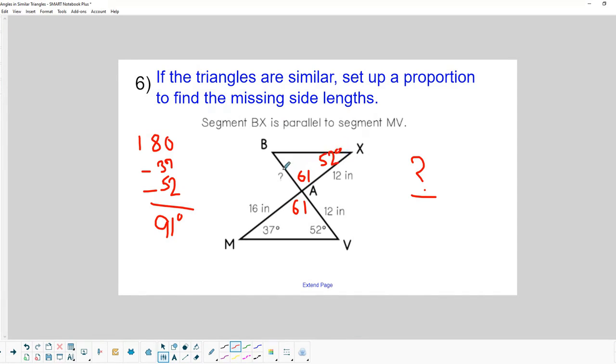Oh, so that tells us that this is 37 degrees. So using a couple different principles that we've learned before, and it also says BX is similar to the segment MB. So these two lines are parallel. So then these are similar triangles.